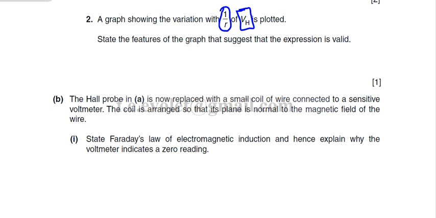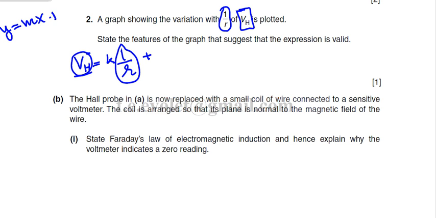So if we reconsider the equation, V_H, and I write it as K into 1 over R. So this is actually V_H is proportional to 1 over R. So it's a directly proportional graph, because we have no constant: y is equal to mx plus c, and if we compare, the c is 0.